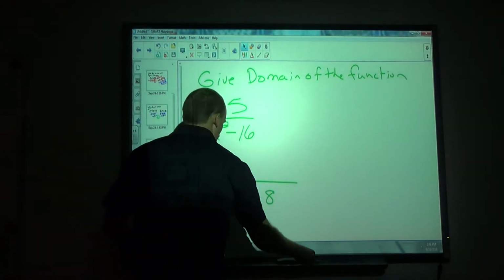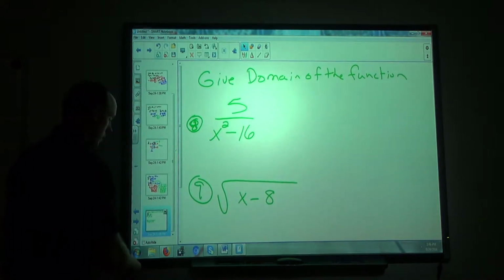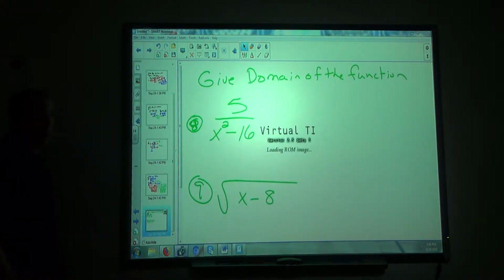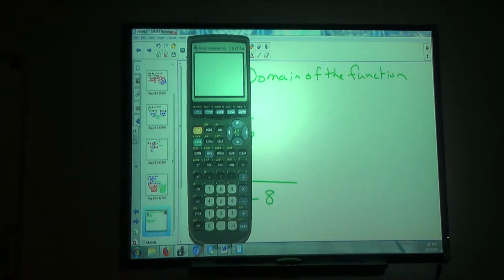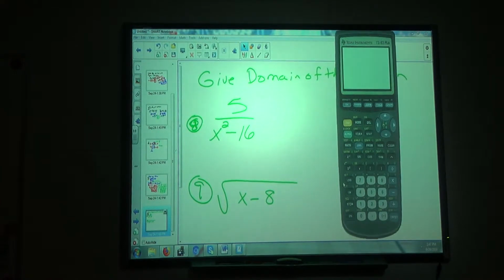Okay, how are we able to give the domain of the function? Probably gotta graph it? Alright then.